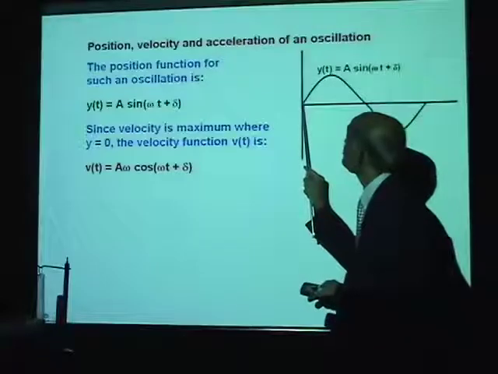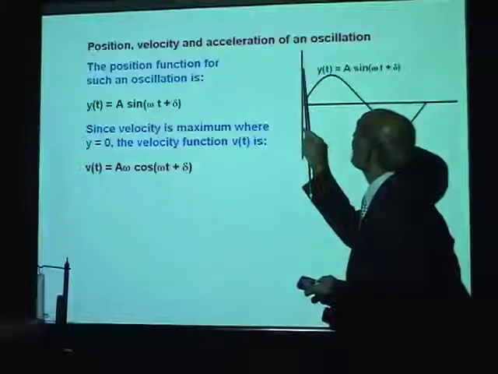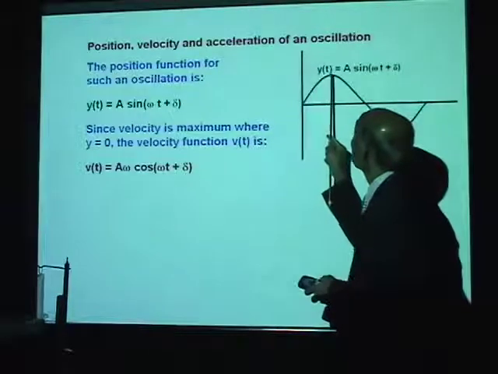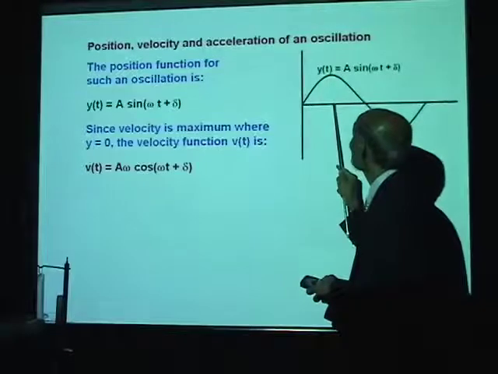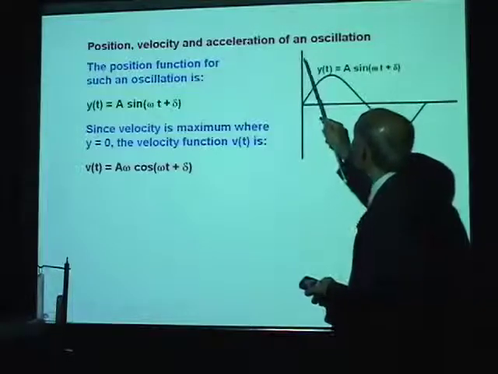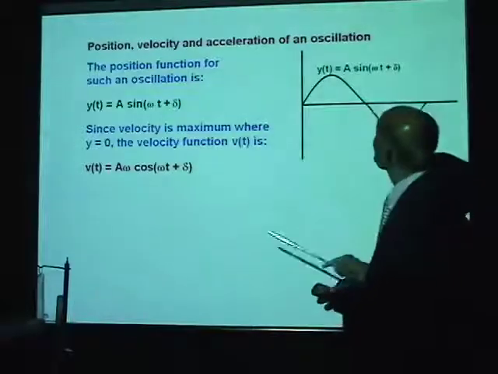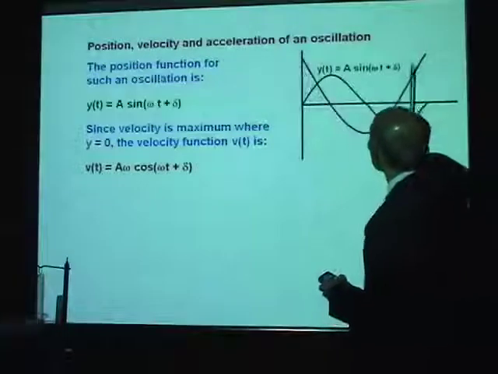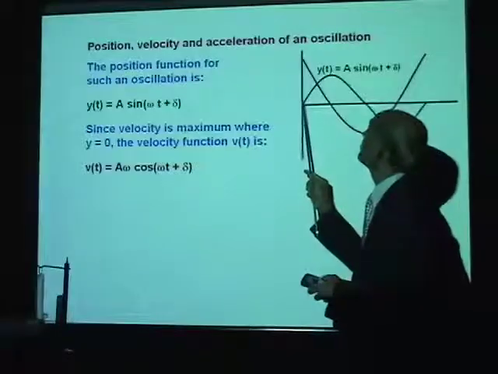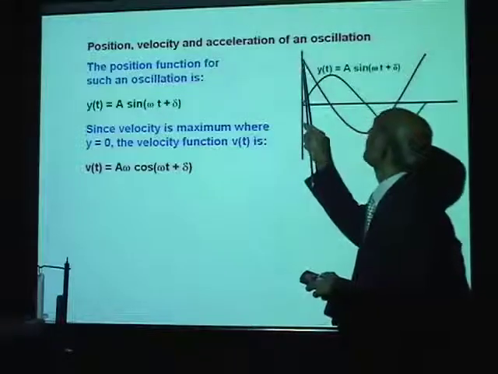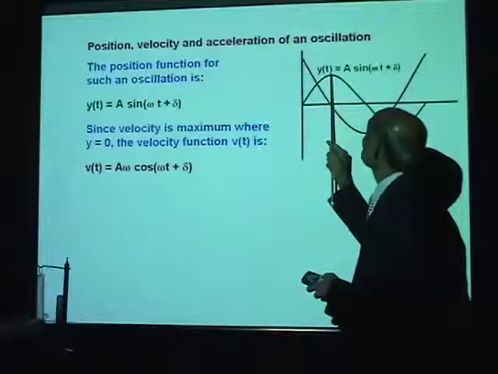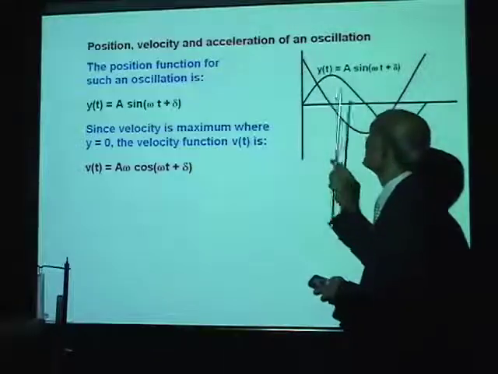Where the position is 0, the velocity will be maximum. Where the position is maximum, the velocity will be 0. So you should expect a graph to go like that. It's a cosine graph. Look at that. That's the cosine graph. Where the position is 0, the velocity is maximum. Where the position is maximum, the velocity is 0.